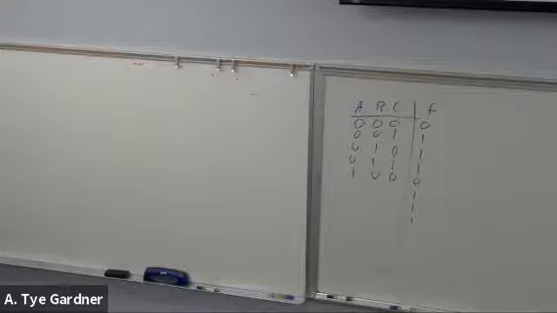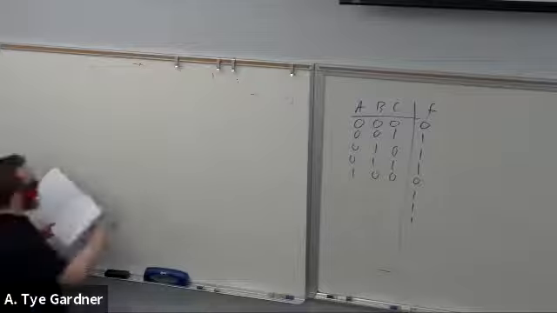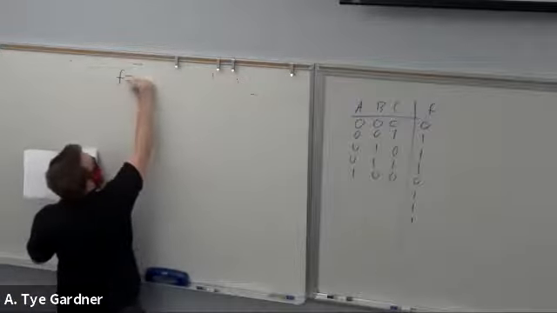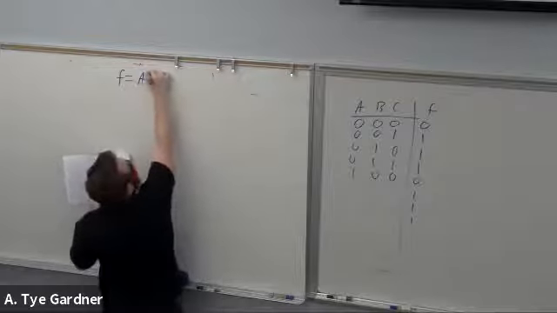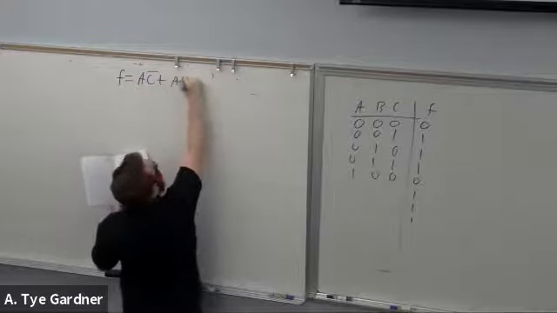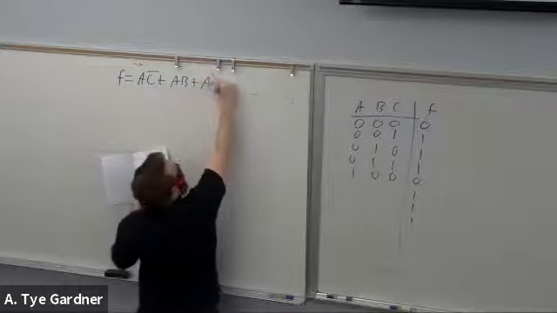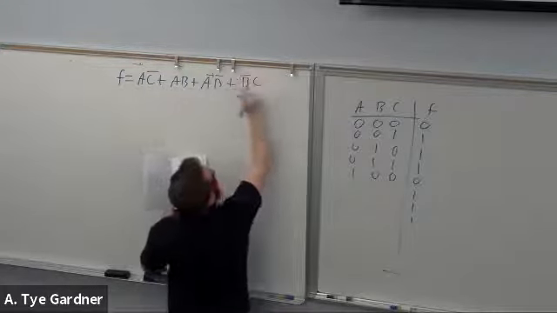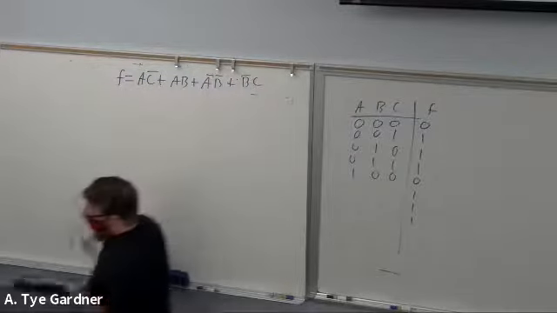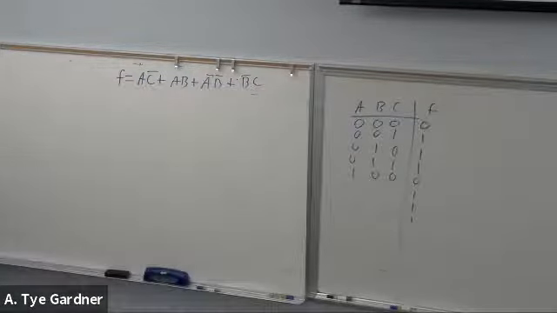And if I do something like this on an exam, I want you to recognize it really quick. So this says, let's go ahead and simplify the following expression. Okay.